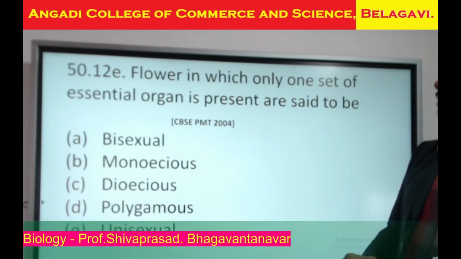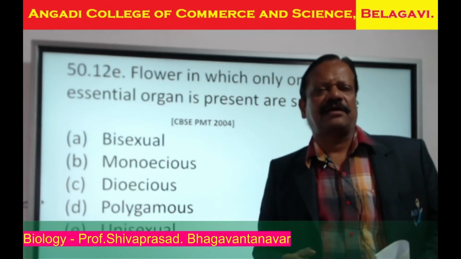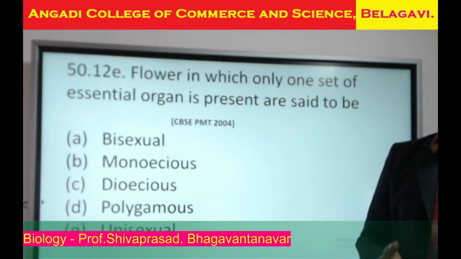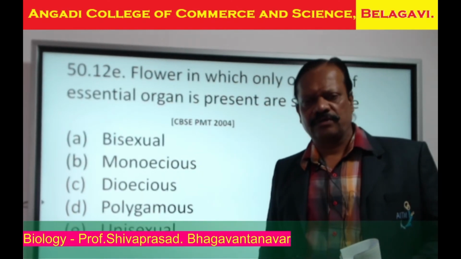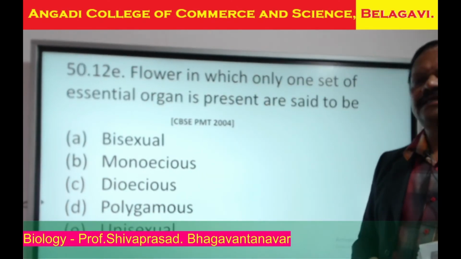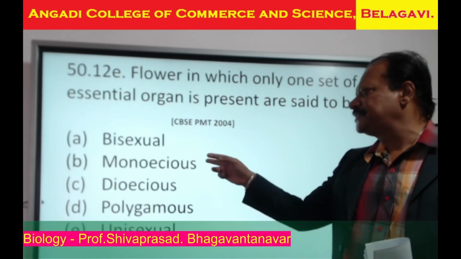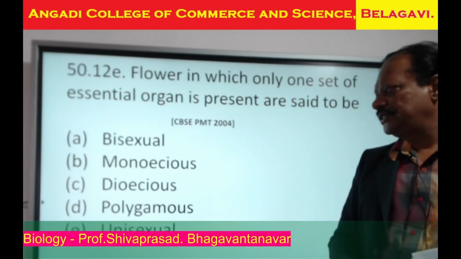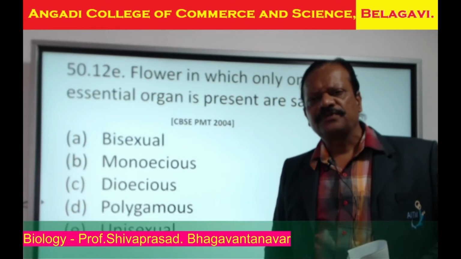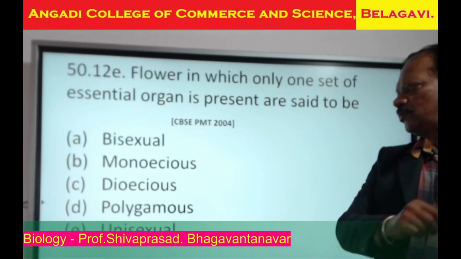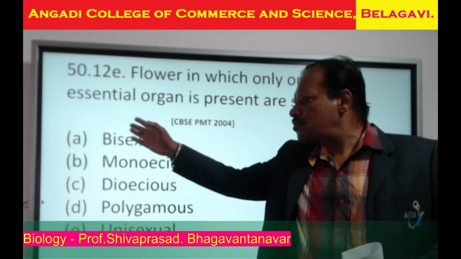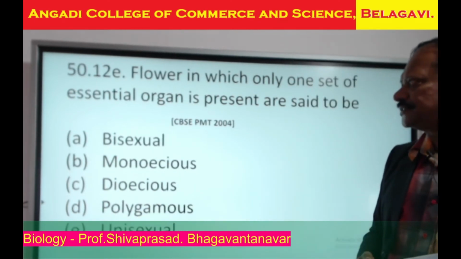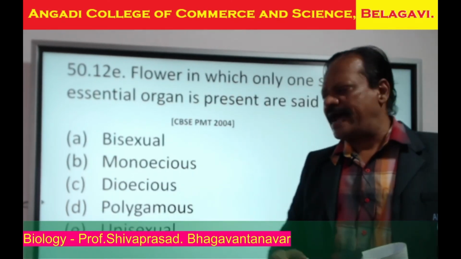Now see here, bisexual, you already know, means androecium and gynoecium both are present in one flower. Monoecious also shows a bisexual condition. Dioecious shows a unisexual condition. So out of these 5 options, option E is the right answer.